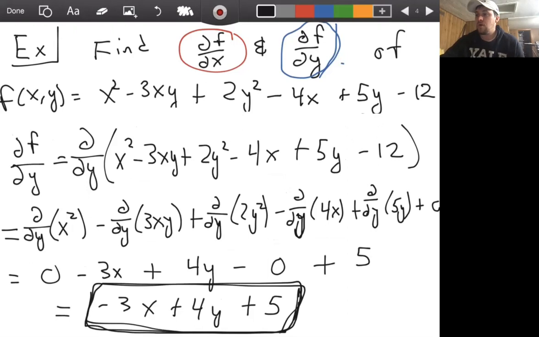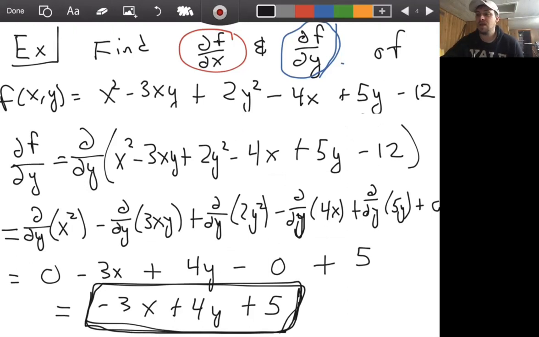I think where I'd like to go from here is maybe a little more difficult examples, and then we can start to talk about partial derivatives of higher order, so like second order partial derivatives.